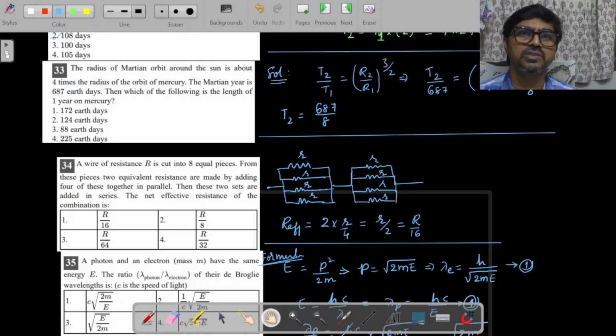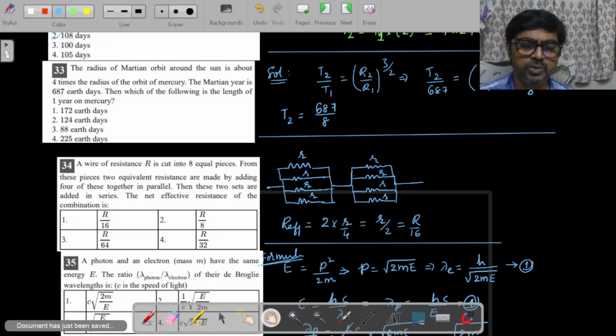So this is Kepler's law directly, T square proportional to r cube. T2 by T1 equals R2 by R1 whole power 3 by 2. They had given T1 as 687, we have to calculate T2, knowing that R2 by R1 is 1 by 4. So you can simply substitute there, you will get 687 by 8.